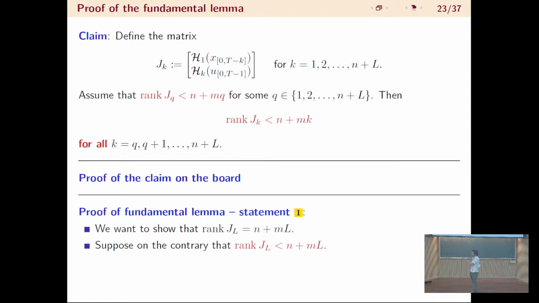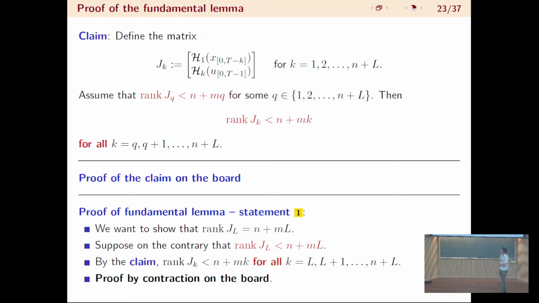I suppose that the rank of JL is in fact not equal to n plus ml, and then of course it must be less than n plus ml. By the claim, it then follows that the rank of Jk must be less than n plus mk for all k larger or equal to L. And that's what we just proved.